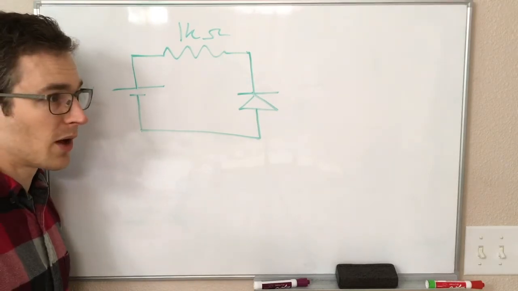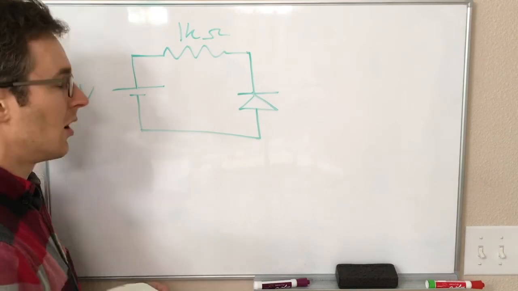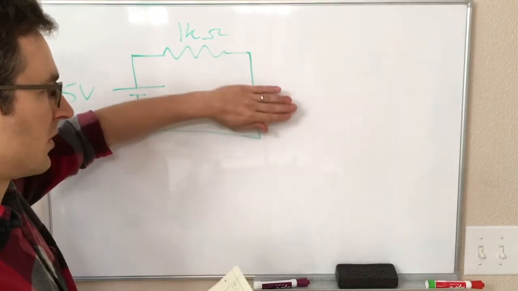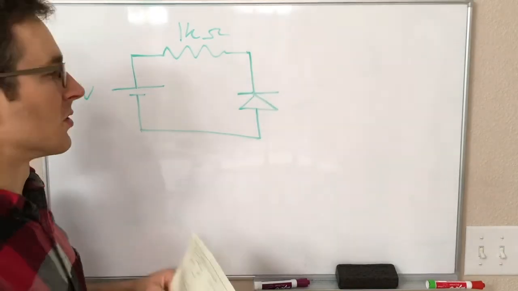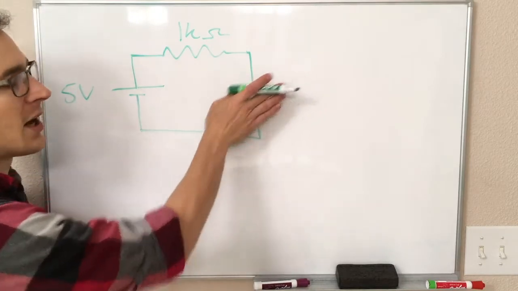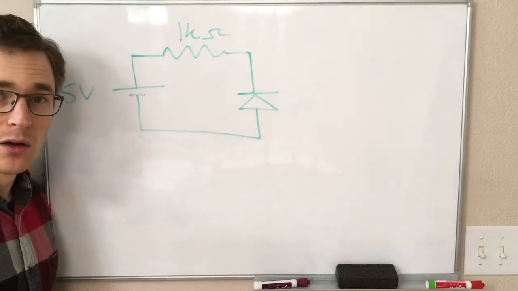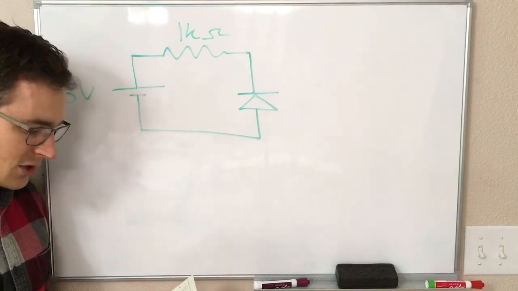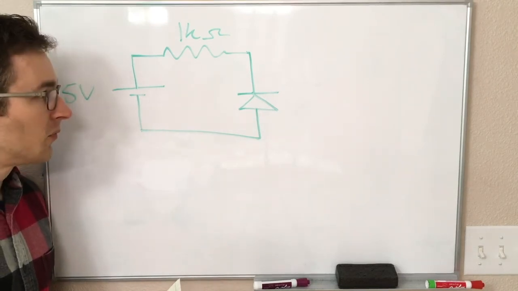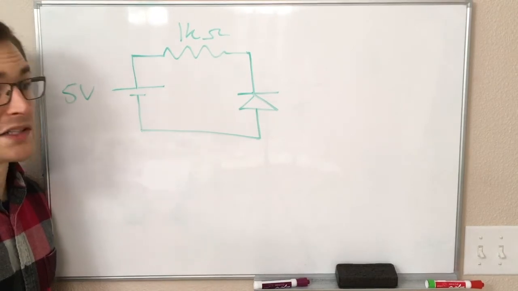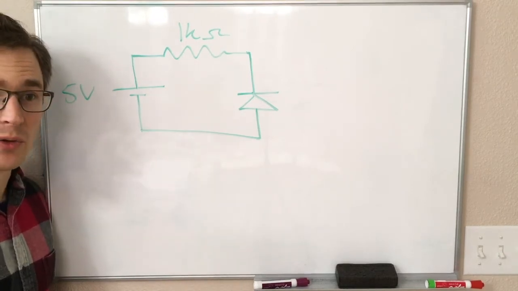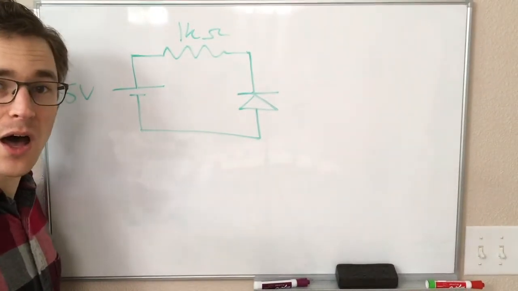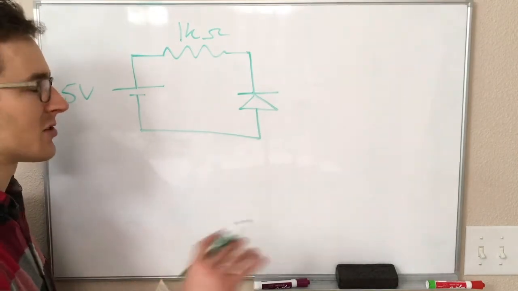The other way you can think about it is kind of the alternative: instead of replacing the diode with an open circuit, replace it with a wire and say, okay, if the diode were replaced with a wire, what direction would the current be flowing? So these are two different ways to think about this. And if the current is flowing in the correct direction, the diode is probably on. If it's flowing in the opposite direction, the diode is off, and actually that current is not flowing.